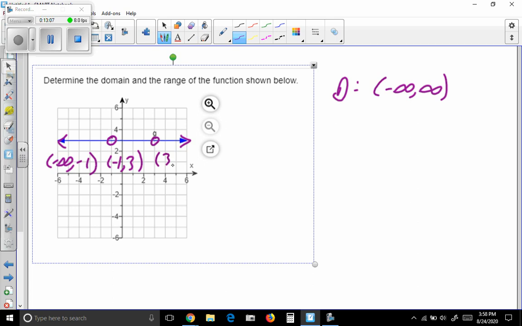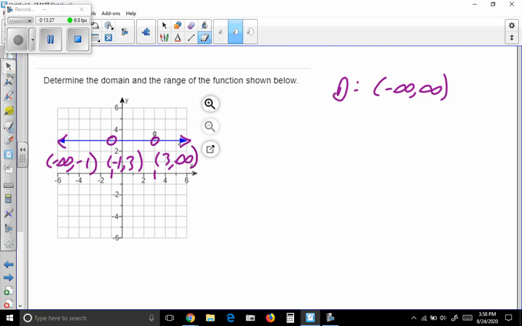And then from 3 to infinity, we would include all of that. But we would have to break it up because negative 1 is not included and 3 is not included. So that's how we could write an interval or intervals that describe everything except those points. But since we don't have holes in ours, we just have that domain.